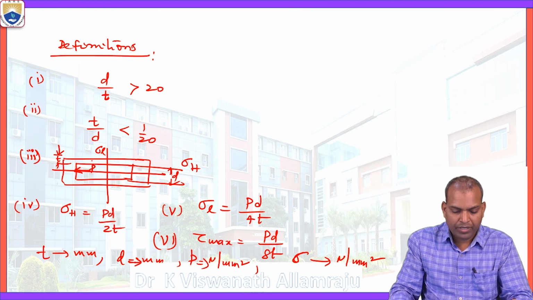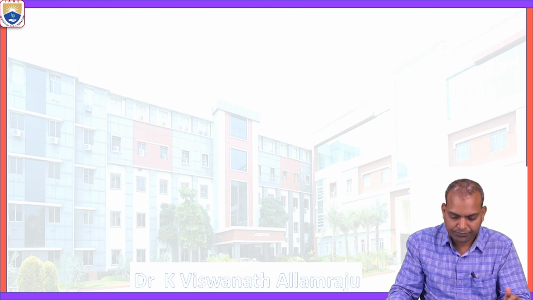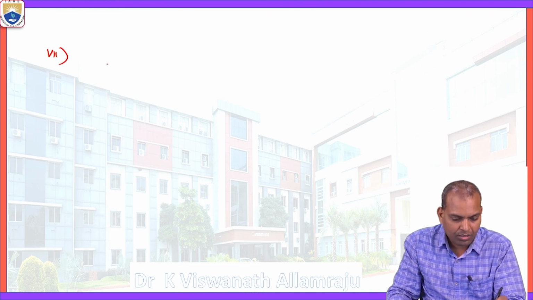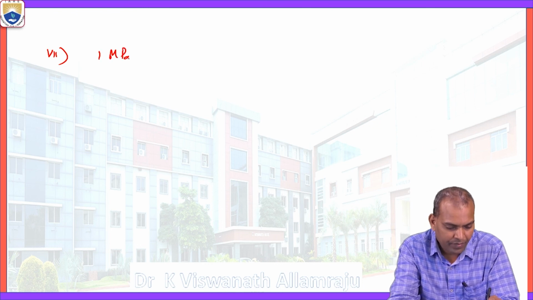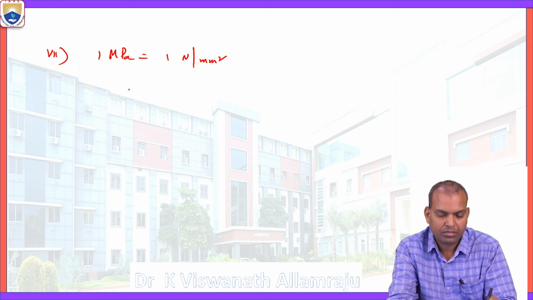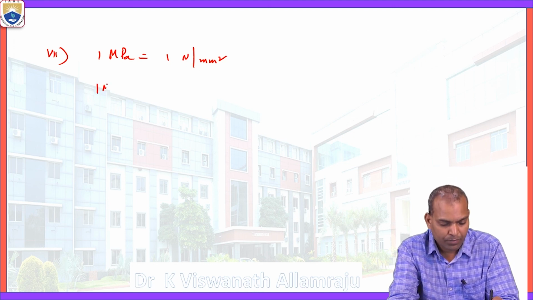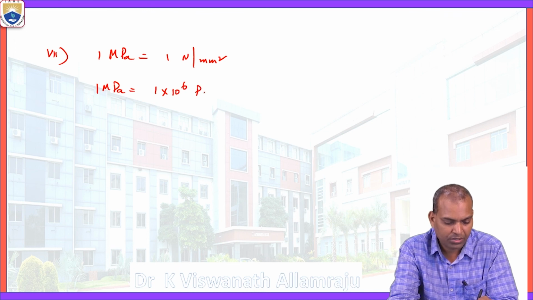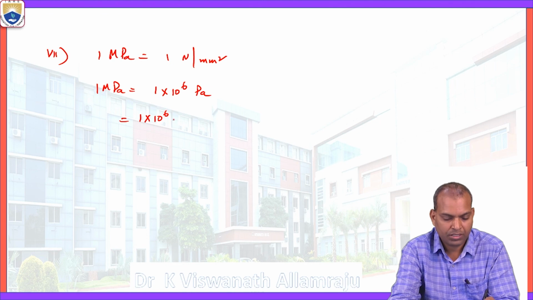So now a very important definition here: 1 megapascal equal to 1 Newton per square millimeter. How does it come? 1 megapascal equals 1 into 10 power 6 pascals, that means Newton per square meter.